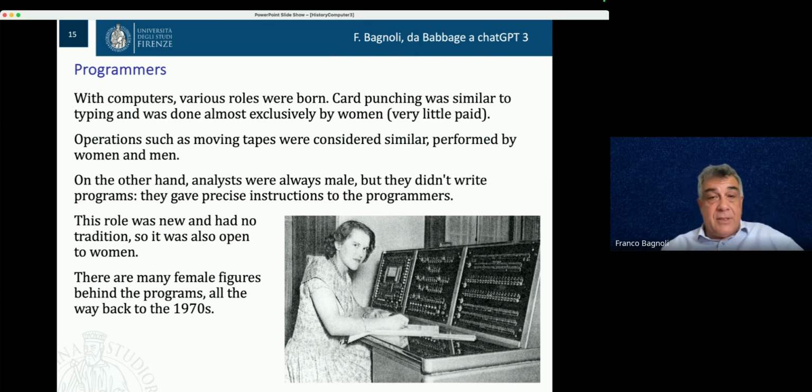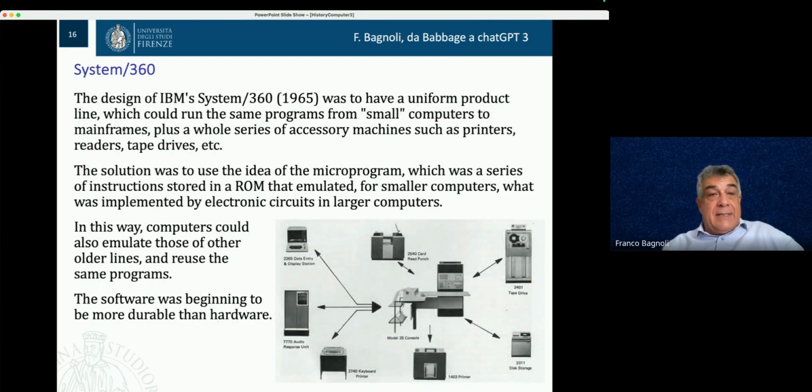And as I said, the System 360 from IBM was something new because instead of just building a computer, IBM built a complete universe. So not only the computers, but also the punched card reader, the tape drive, the disk storage, the printer, the keyboard, the audio response units, data entry, and clearly display solutions.